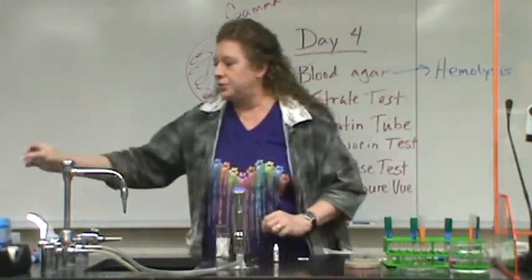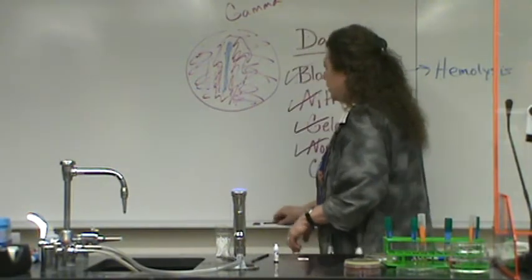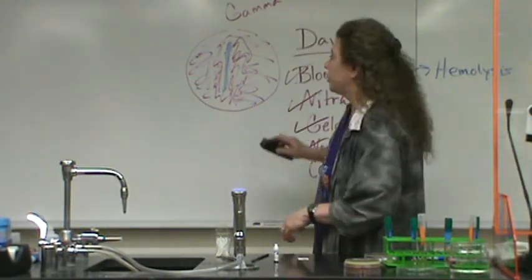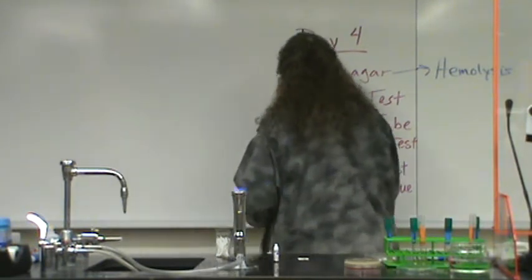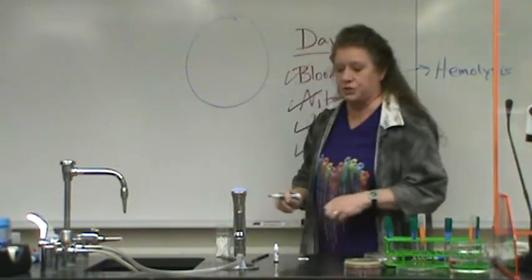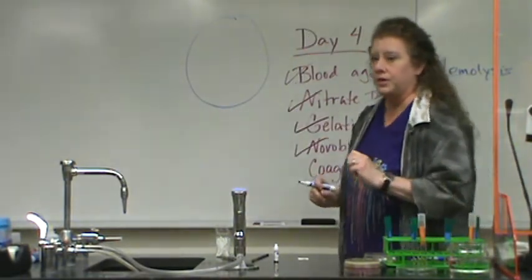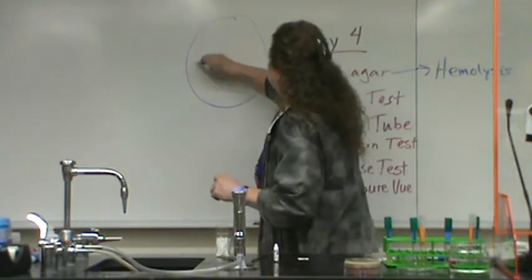Okay, and after you've swished it around, you dispose of your applicator in the autoclave bin. Okay, here's your circle that's on the cardboard. So the reagent itself is a purply blue, okay?